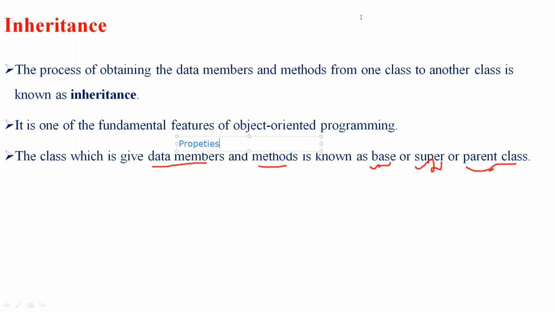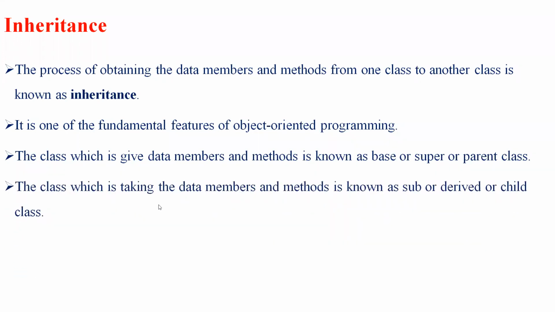So there are two different classes in the case of inheritance. One is a base class and another one is a derived class. The class which is acquiring the data members and the methods, or the properties, is known as a subclass, derived class, or child class.